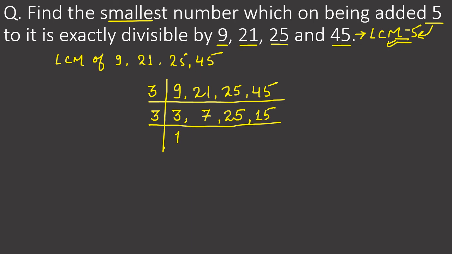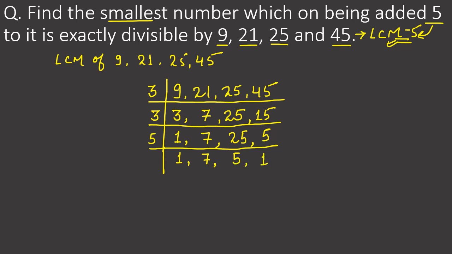Now again 3 and 15 are divisible by 3, so take 3 as divisor. 3 1s are 3, 7 will be written as it is, 25 will be written as it is and 3 5s are 15. Now take 5 as divisor, 1 will be written as it is, write 7 as it is, 5 5s are 25 and 5 1s are 5.